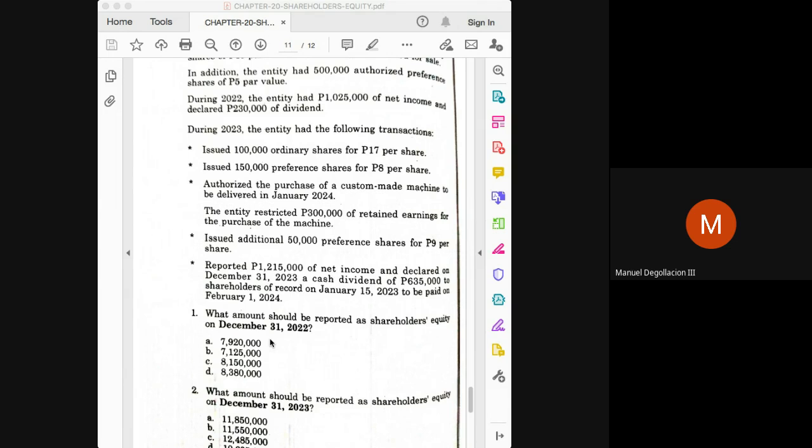So should the dividend already affect our 2023 shareholders' equity even though it is to be paid in 2024? The answer is yes, because dividends are to be recorded on the date they are declared, not on the date of the payment. The date of the payment will only affect the payable account.